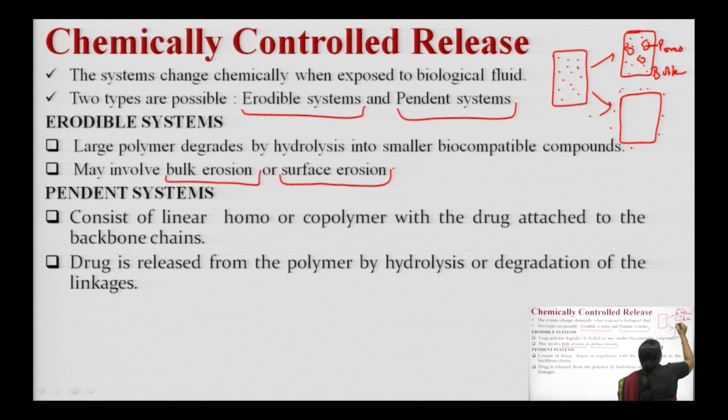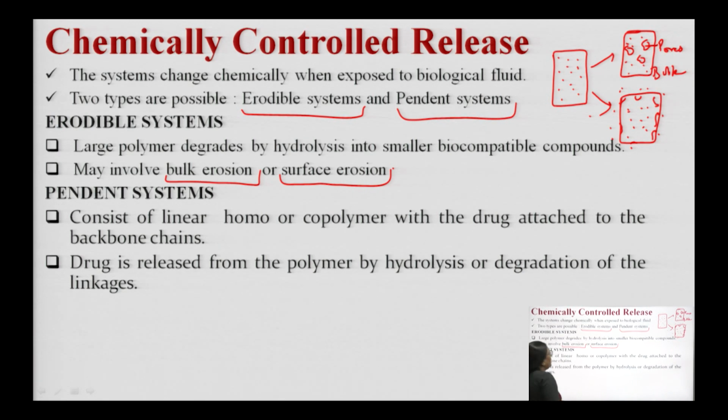The polymer will erode only at the surface, like this, while the middle portion will be intact. So, this is surface erosion. The drug release will be directly proportional to the surface area available for erosion.